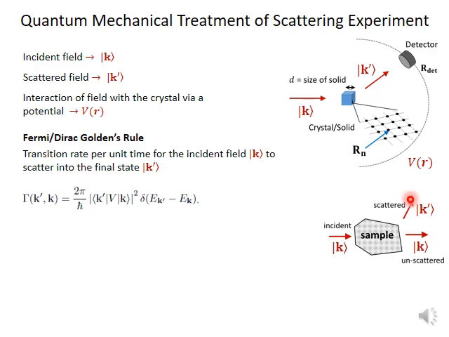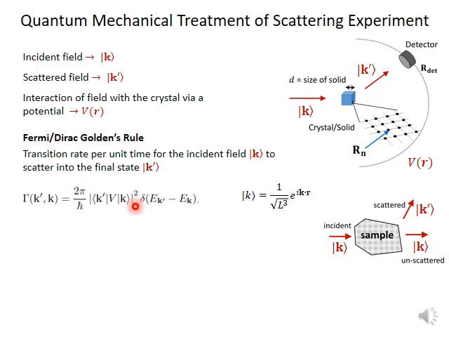But let's have that discussion for some other time. So we are mainly concerned with the case where the incident and the scattered wave have exactly the same energy. So this delta function gives you a large value.